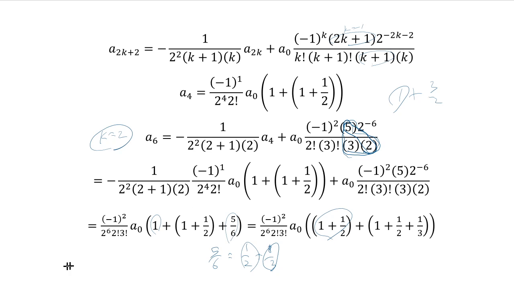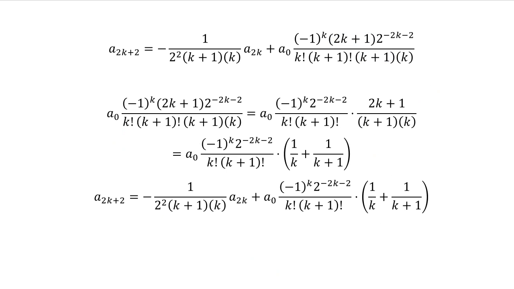So it seems like we're onto something, and indeed what's happening is that if you put this thing, which seems to be the provider of the pattern, you can do a partial fraction expansion. If you don't know what partial fraction expansion is, just see that this is indeed 1 over k plus 1 over k plus 1. See, if you put these two fractions together by common denominators, you get k plus 1 over here, k there, and k plus 1 times k will be the denominator, and k plus 1 plus k gives you indeed 2k plus 1, right?